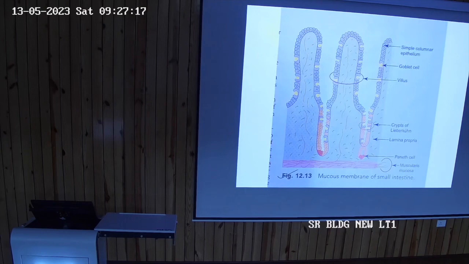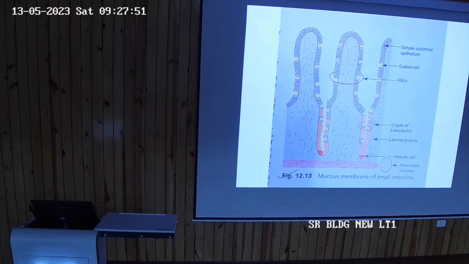The third type of cell is the stem cell, which is not shown here. The function of the stem cell: the epithelium of the GIT is lost or removed within 5 days, so it requires replacement. The replacement of the lost epithelium is done by the stem cells.